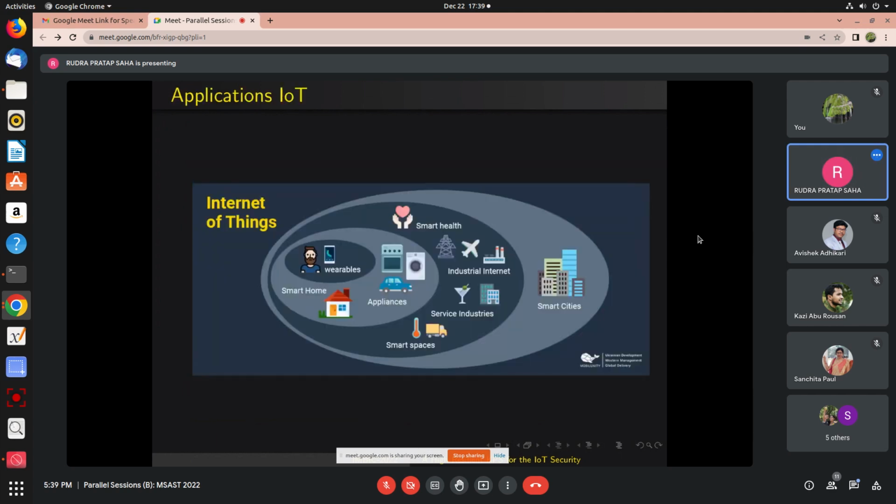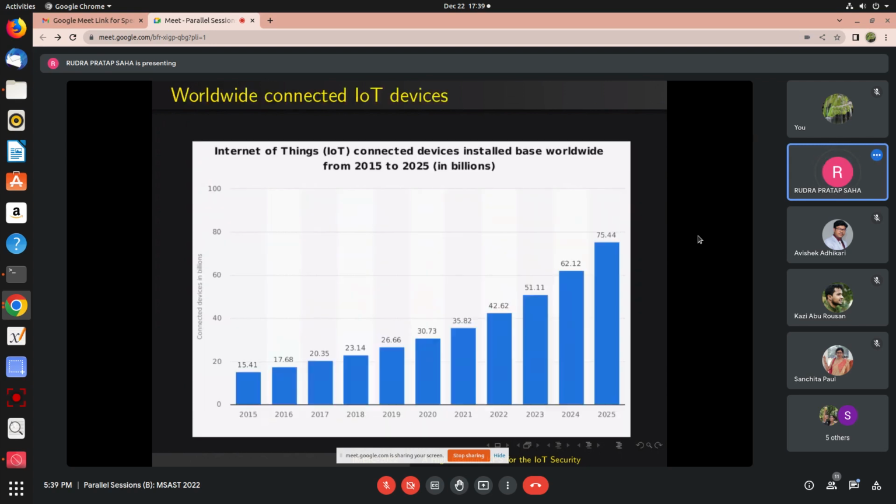Now we go to the applications of IoT. Nowadays we use the internet directly or indirectly. Here are smart health, smart home, smart road, smart spaces, industrial internet, and smart cities. The internet is used in most things where there are IoT devices or any smart access. So for that, the internet is useful.